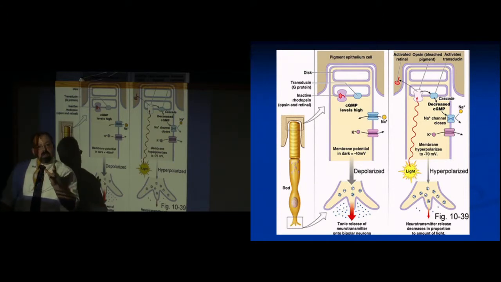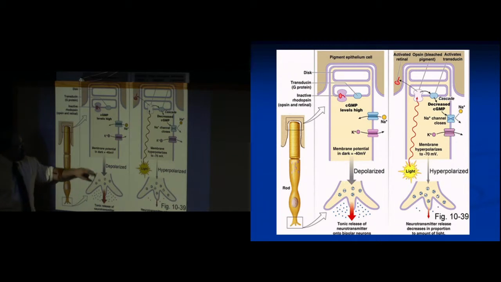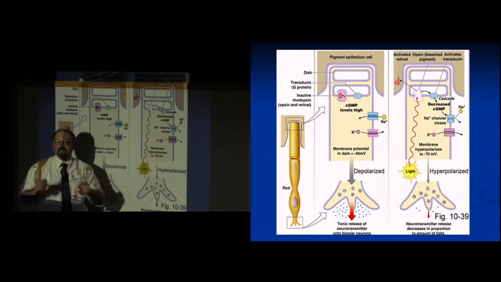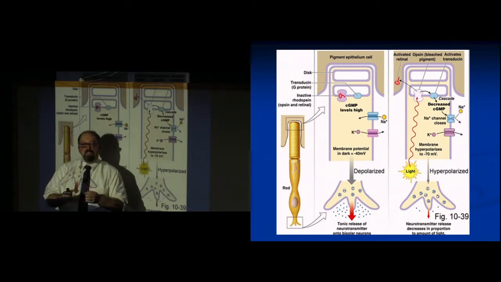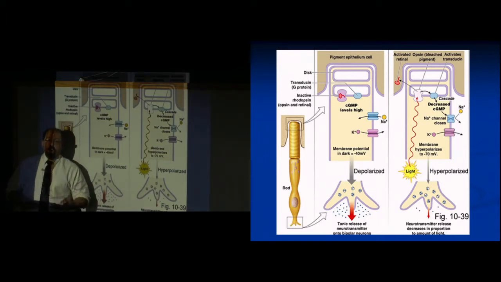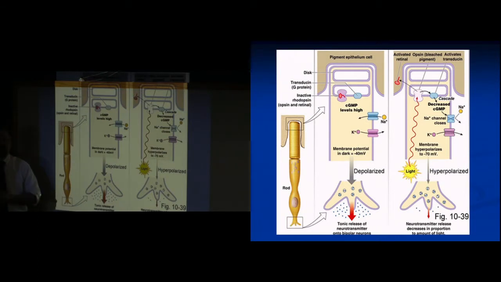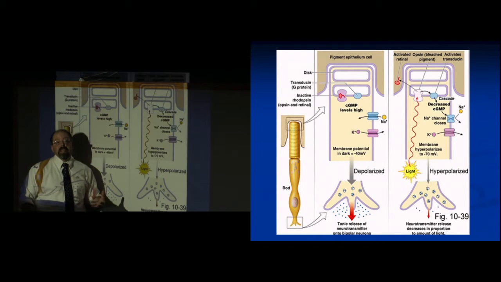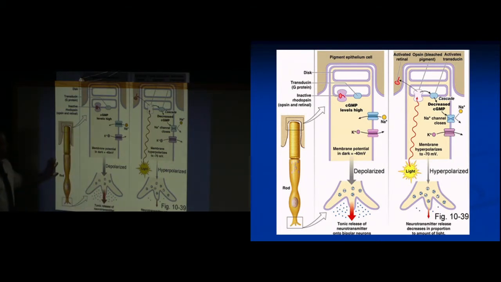It decreases. Okay, so in the dark, I'm releasing a lot of neurotransmitter. Light hits me, now I get hyperpolarized, and I release less neurotransmitter. This is counterintuitive. I strongly suggest you draw it out and talk yourself through it, because at first glance, it doesn't make sense. It's very different than what you're used to. Okay?